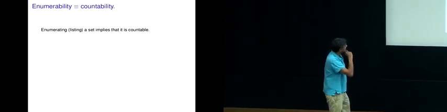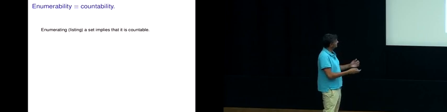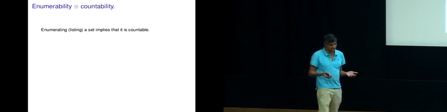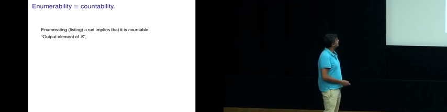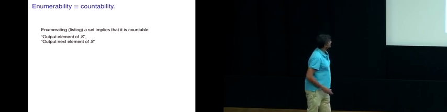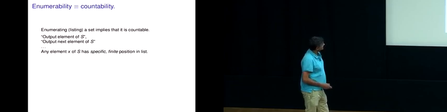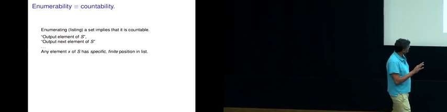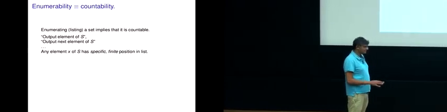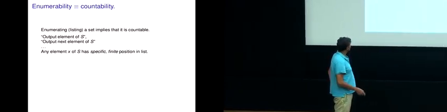Enumerating a set implies that it's countable. Enumerating is a fancy word for listing, right? We enumerate them. You output an element of S, you output the next element. Any element of S has to have a specific finite position in the list. Just one position.